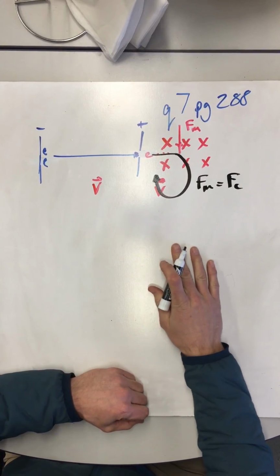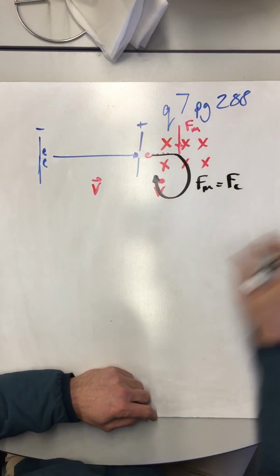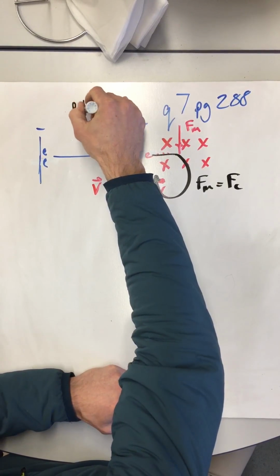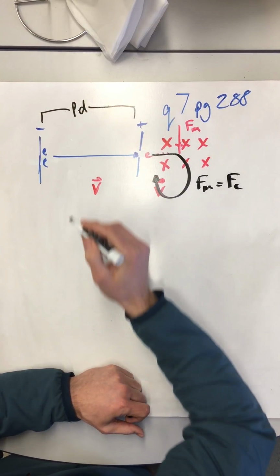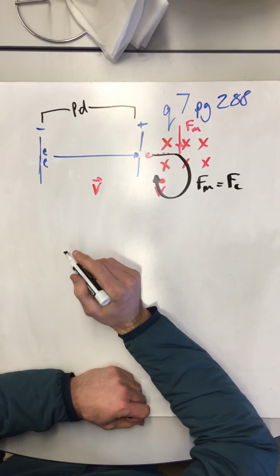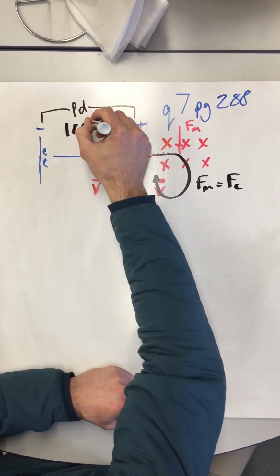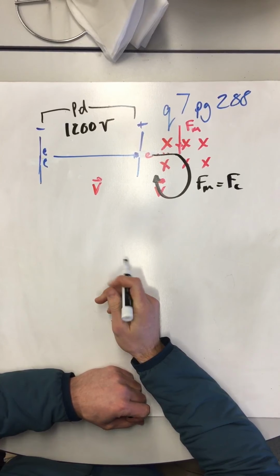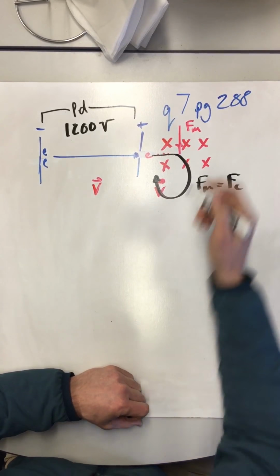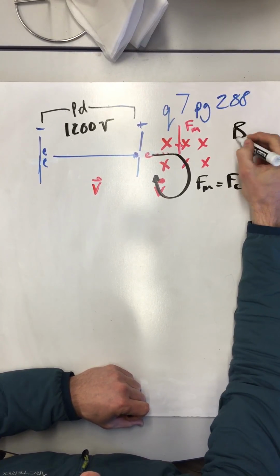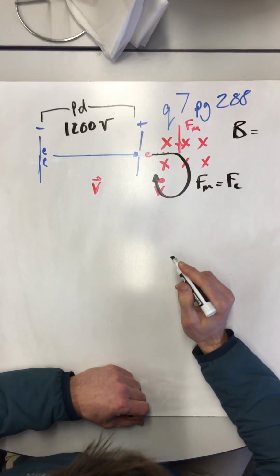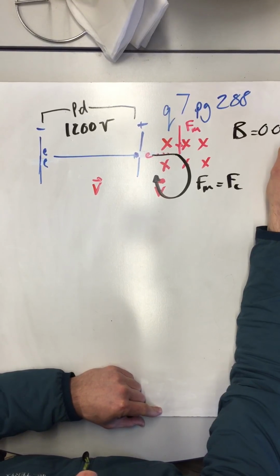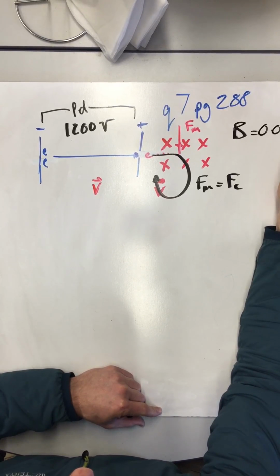Now the question, as we read it through, gives us some information. It tells us that we know the potential difference. So we know the PD across the gap here, and we know that to be 1200 volts. We are also told that the magnetic field, B, is 0.045 Teslas.